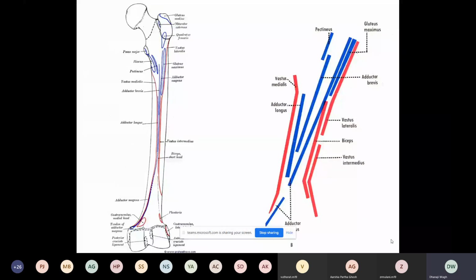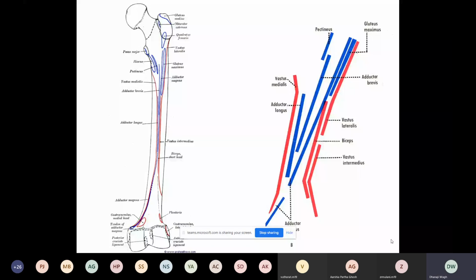From the medial side to the lateral side, we see the vastus medialis origin, then adductor longus, then adductor brevis, which is upper inside of the longus. Then we can see the adductor magnus.